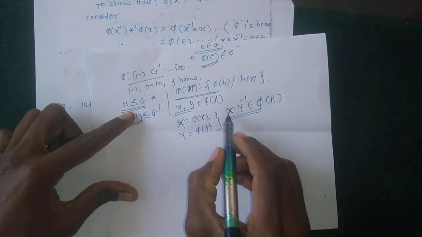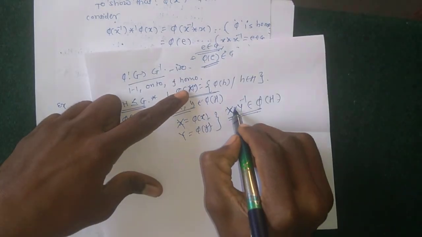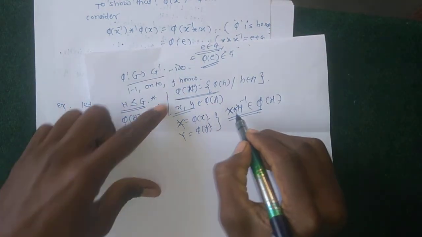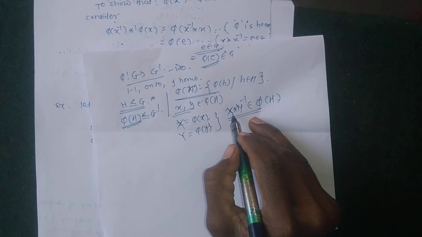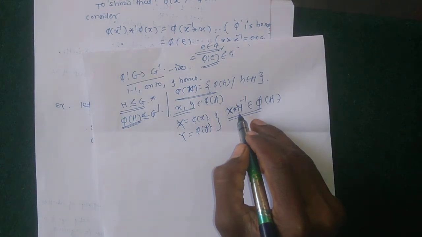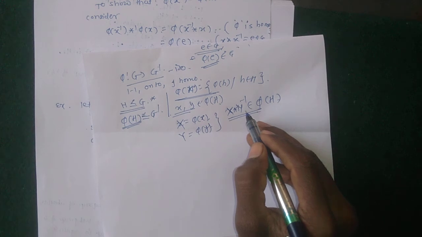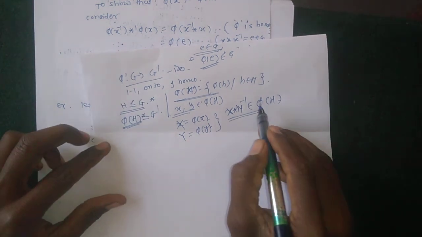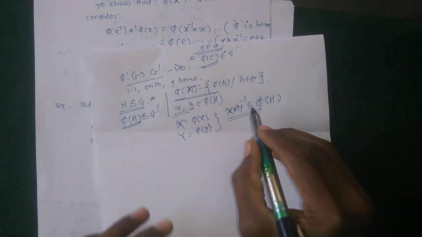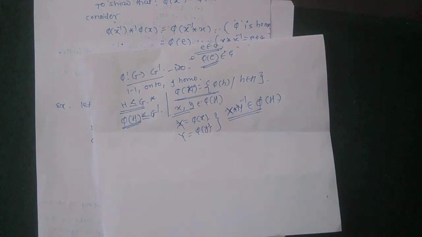One condition remains, by star dash, because these elements are in G dash and G dash is a group with respect to star dash. To show X star dash Y inverse belongs to phi of H. How to show here? But is phi of H empty or non-empty?